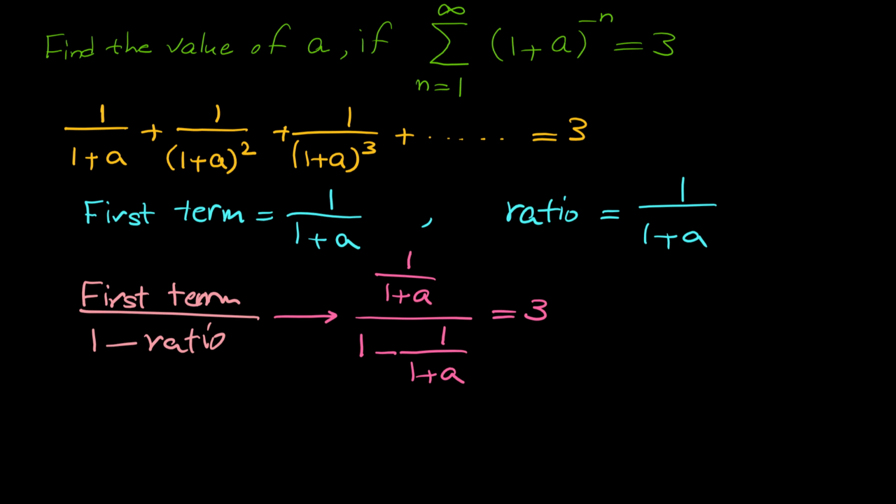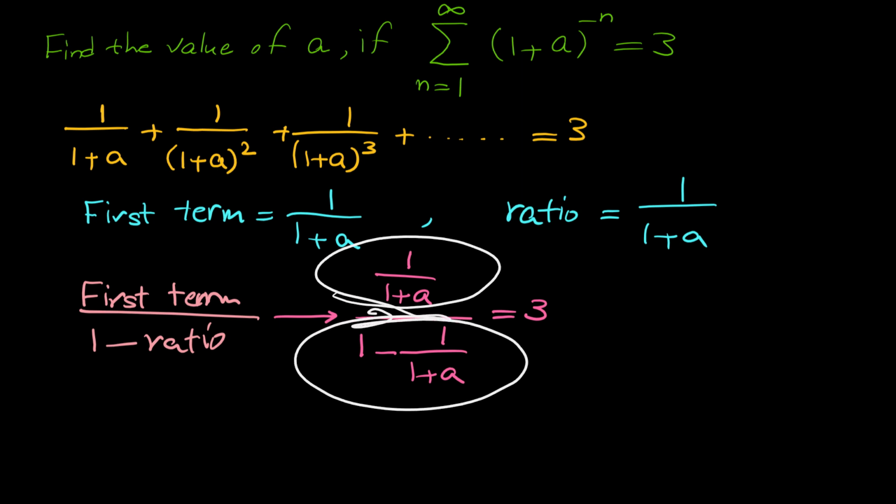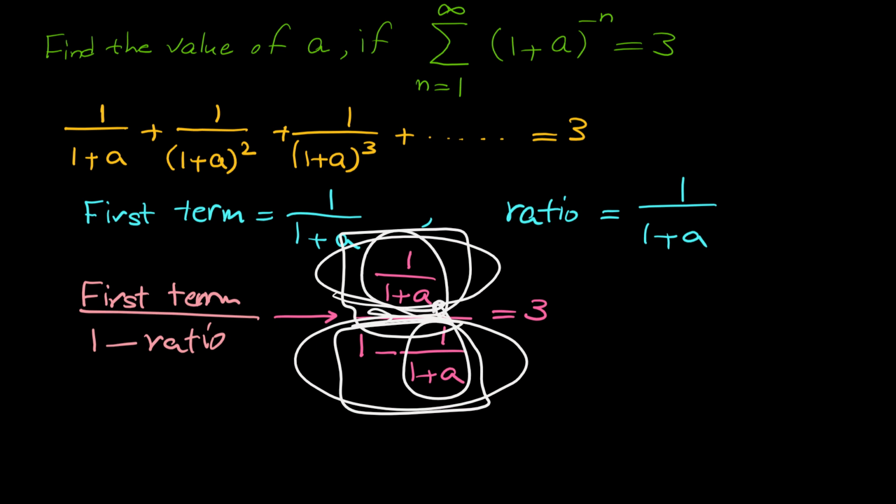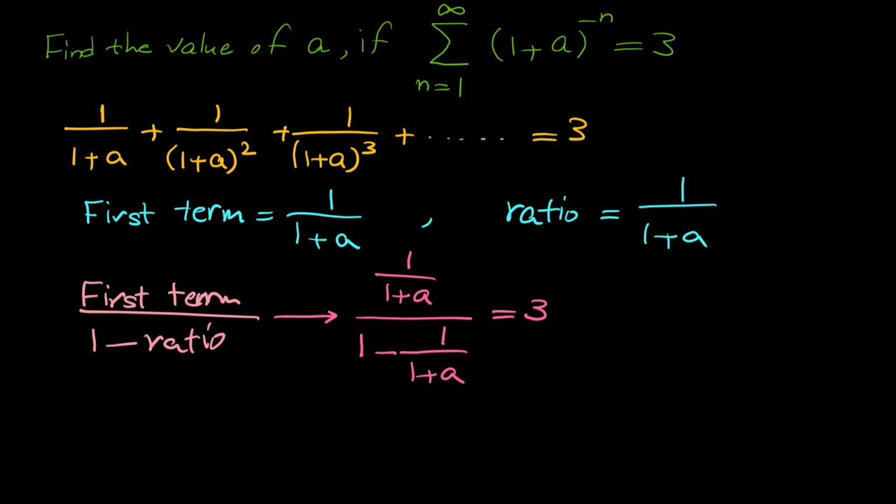Please pay attention to the technique that I'm going to use, and that technique is better than doing common denominator. If you look at the numerator and denominator, you notice that in both we have fractions, and both of these fractions have this denominator, 1 plus a. If we can get rid of this denominator, then easily we can solve this equation.